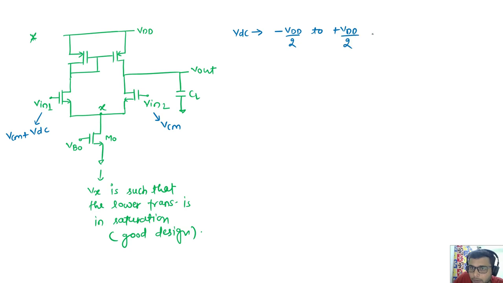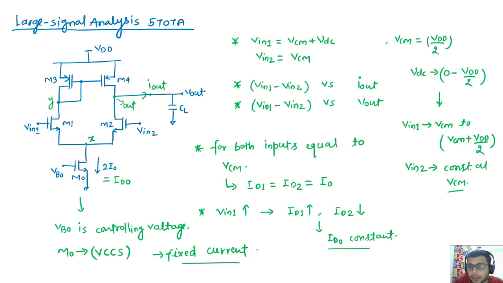So I have checked the results for this particular case. In the previous slide I told you to vary it from 0 to VDD by 2. Okay, so actually it is not 0, it is minus VDD by 2. We want to see some symmetry in the structure, so we are taking a symmetric variation, which is minus VDD by 2 to plus VDD by 2.